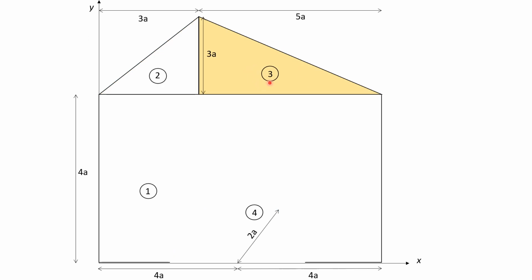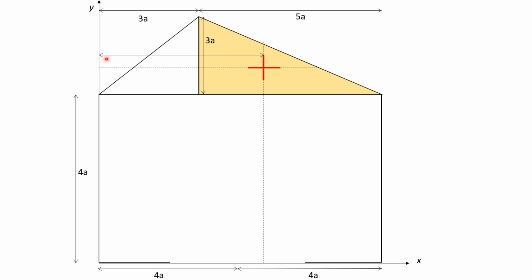And area 3 is half this distance, that is this distance, into this distance 3a, half into 5a into 3a. We get area 3. The centroidal distance of area 3 is at a distance of 3a plus 1/3 of this 5a, 1/3 from the base.